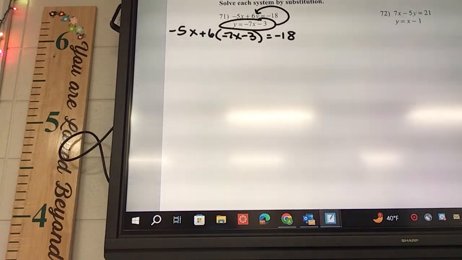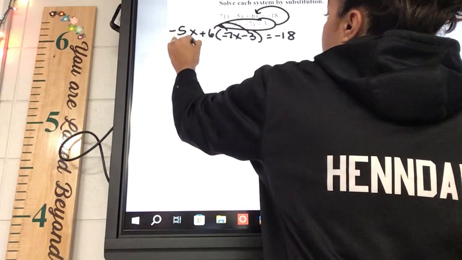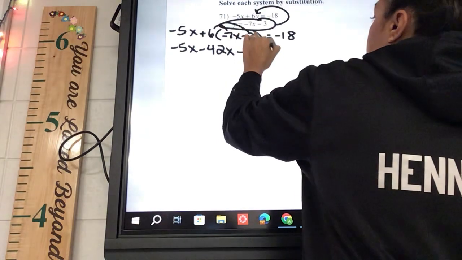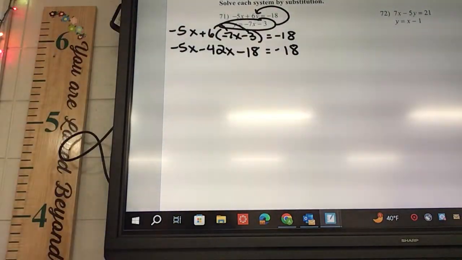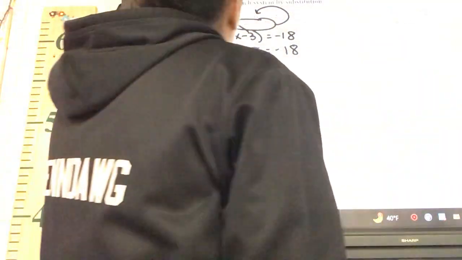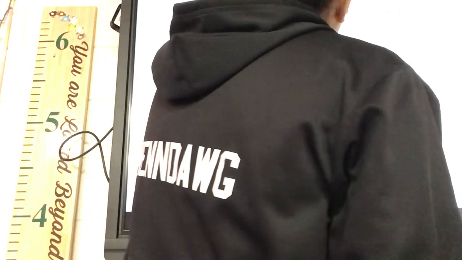Okay, and then we need to distribute. Okay, so I'm gonna get negative 5x minus 42x minus 18. Okay, and then if we're looking at this, we can combine. So I'm gonna get a negative 47x minus 18 equals negative 18.